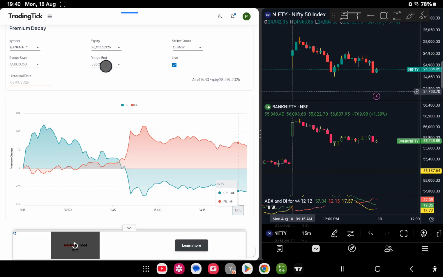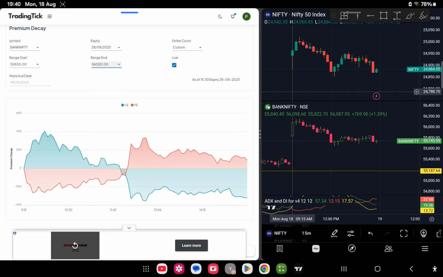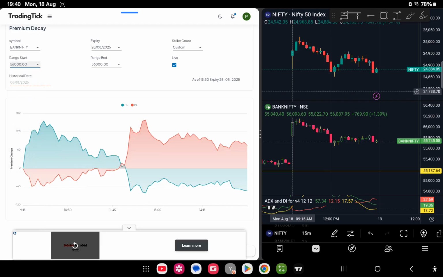Now we'll go to OTM. I'm going to take 56,000. So this is 56,000 on both start and end. You see, from the start buyers were winning because it was a huge gap up. So whenever there's a huge gap up, the first candle will make a difference. At 12 o'clock you could see buyers were still winning, but with a meager amount.